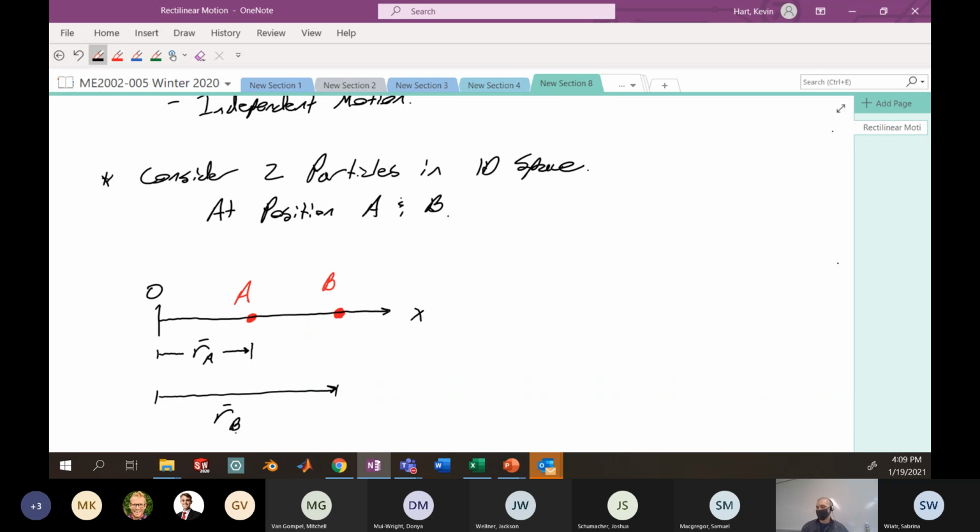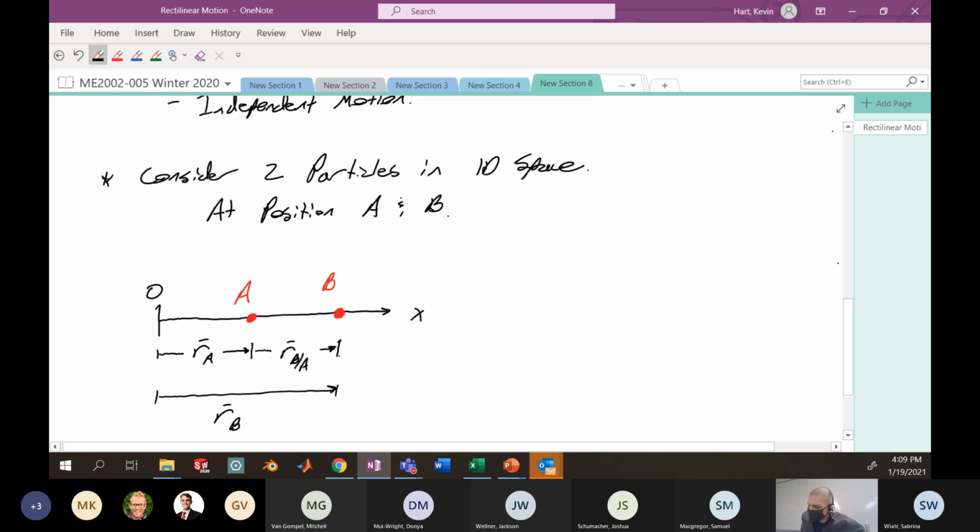The way that we start is we describe the position of one particle relative to another. So the position of B relative to A would be the position vector R which arrives at B from A, and it has this general direction.